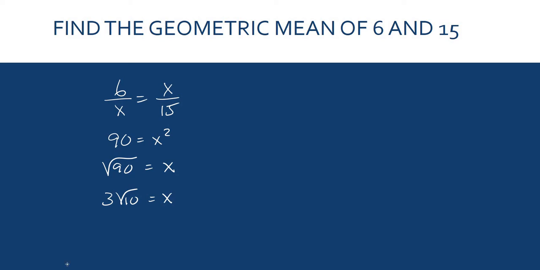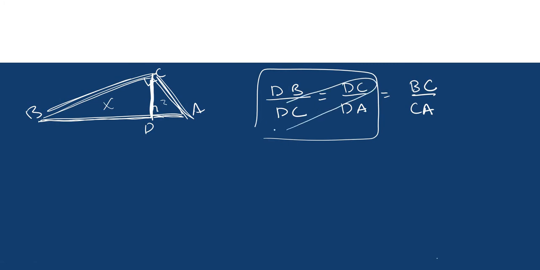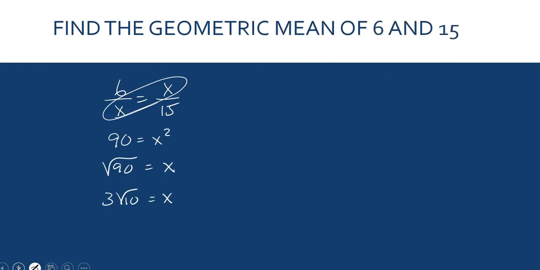All right, so now I'm going to take that idea of the geometric mean, finding this wonderful number that fulfills this proportion and makes it true. Let's go back and look at this proportion. DC here is the geometric mean of DB and DA, and we're going to use that for our next corollary.